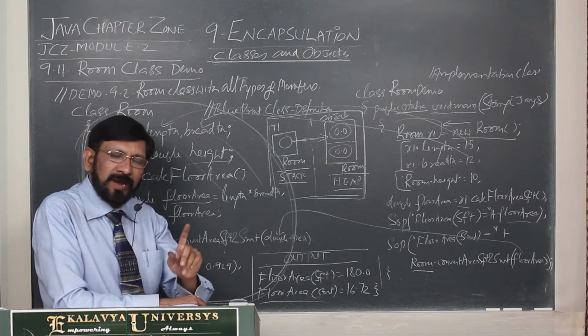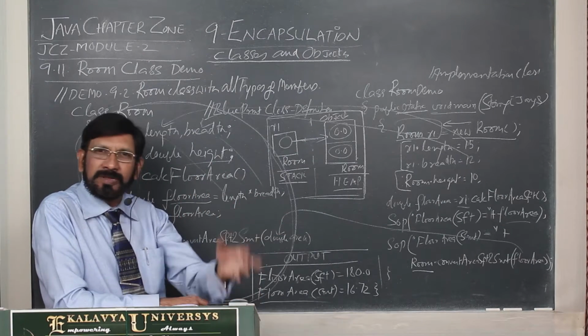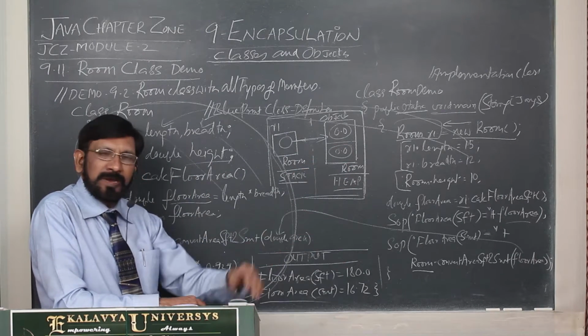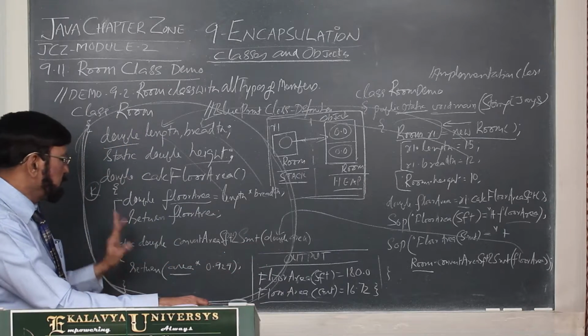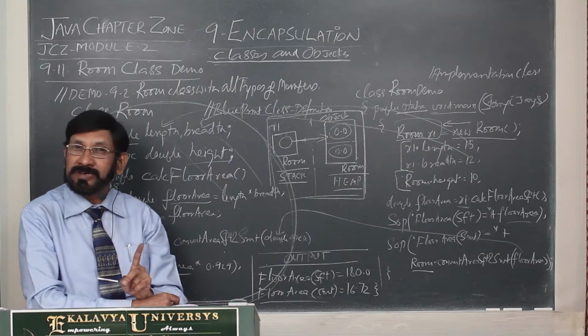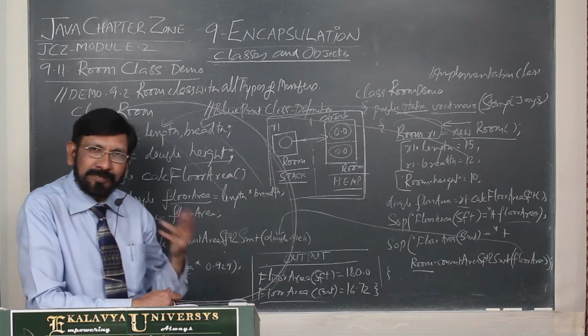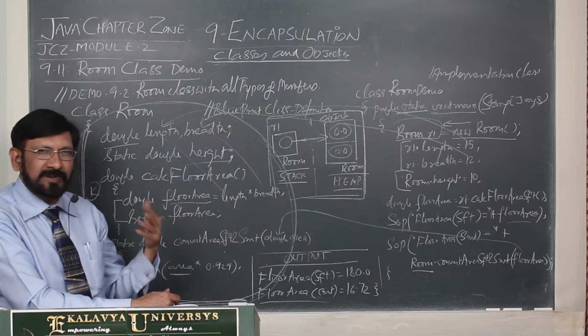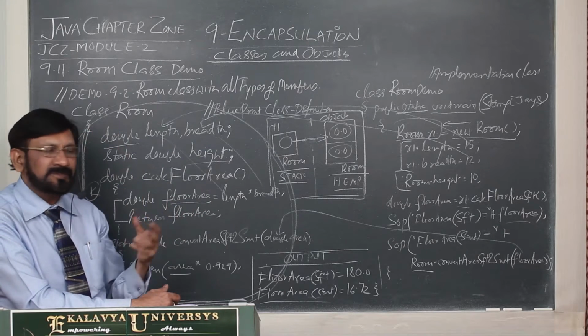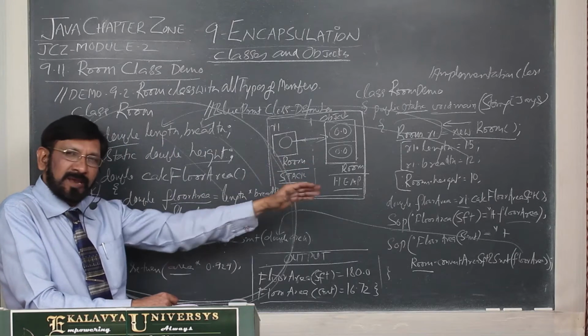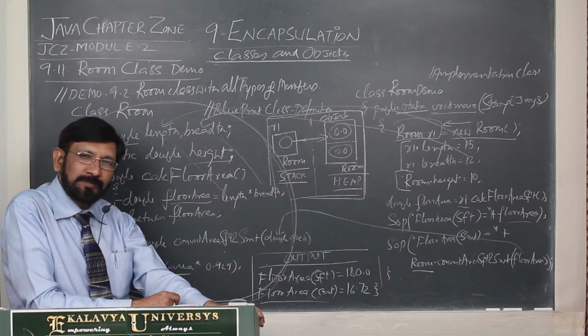Whenever you find such a utility method in your program domain, then you can declare it as static. It is not compulsory, but if you declare it as static, then it demonstrates your common sense and command over the language. That is very important.